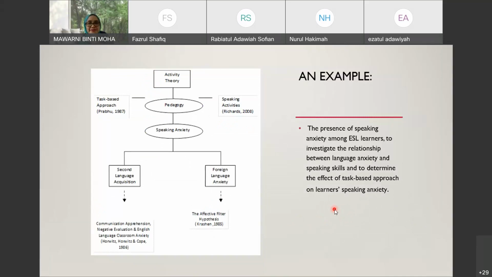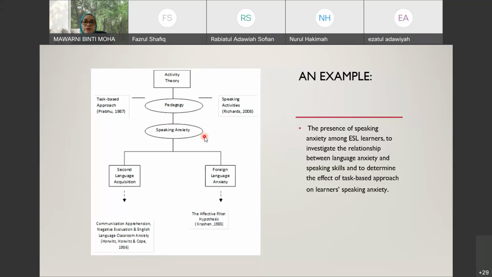I would say it's written there actually. Activity. The present speaking anxiety. I think it would be speaking activity, I think. It is the one proposed by, I forgot the name, but it is a community-based learning.